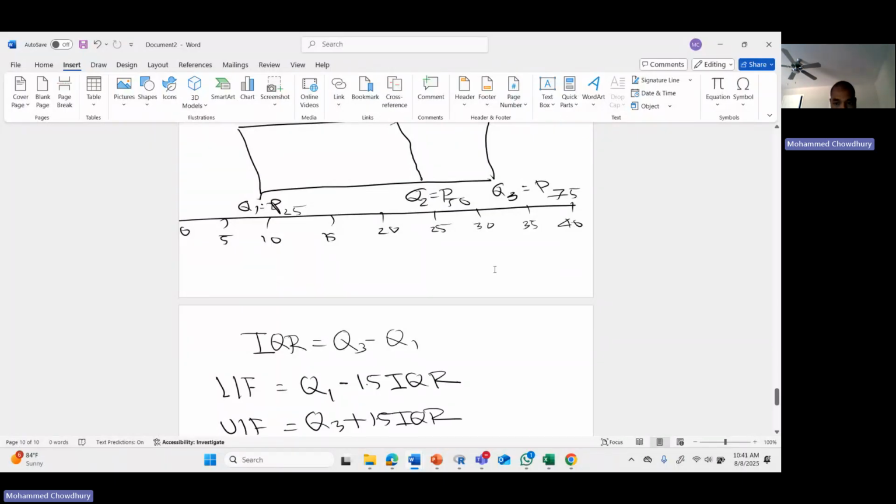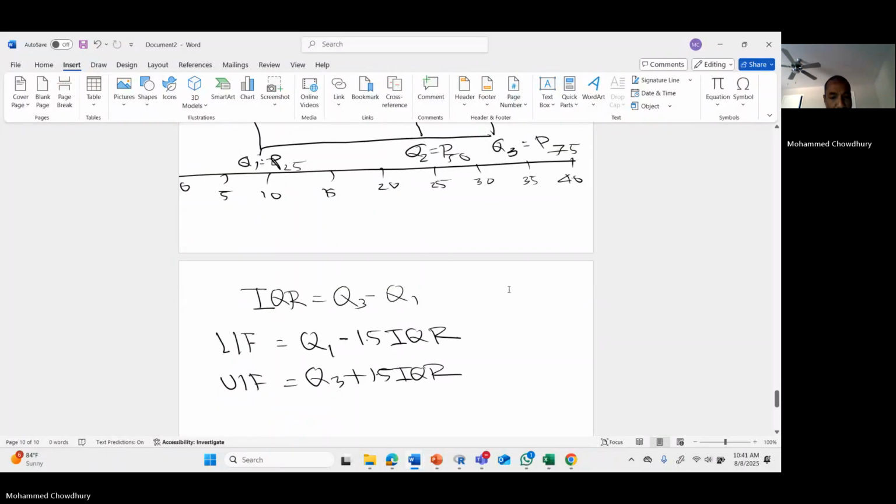Once these are done, we can compute these values and place them here.